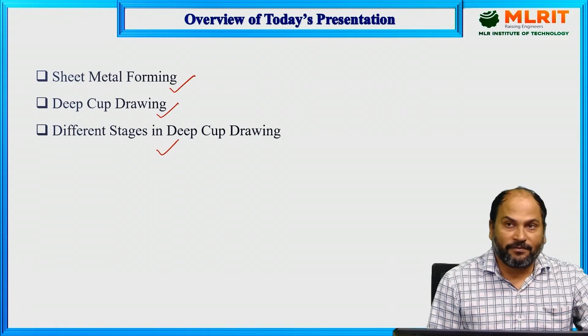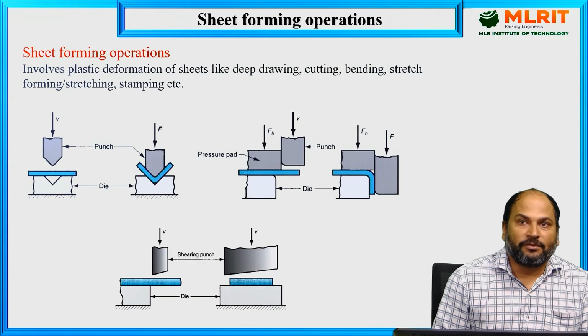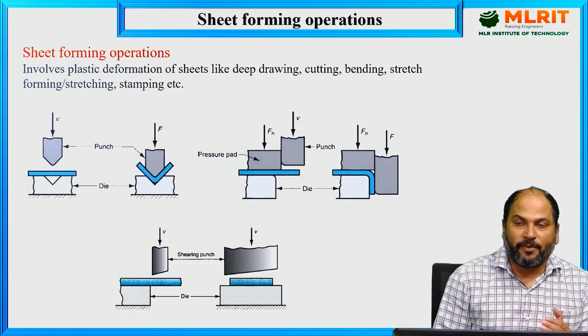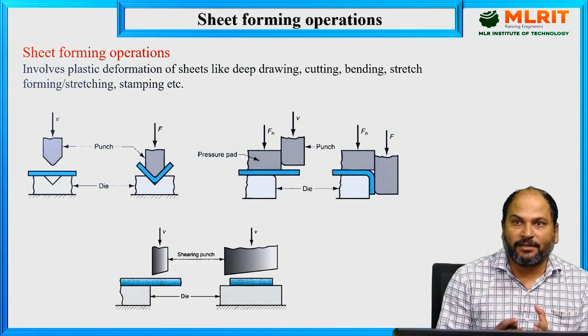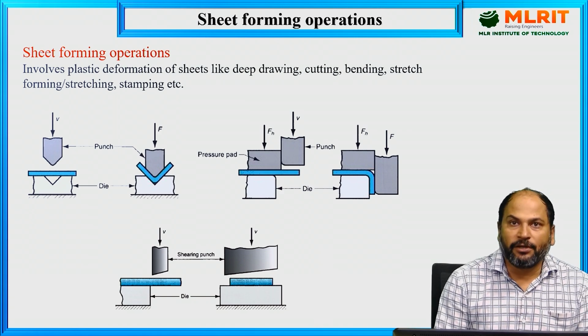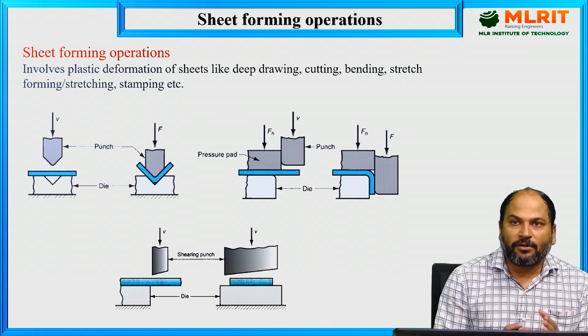So we'll start with sheet metal forming. What is the meaning of sheet metal forming? If you remember, when we started this metal forming operation, I told you that we are not going to melt the material, just like in casting.